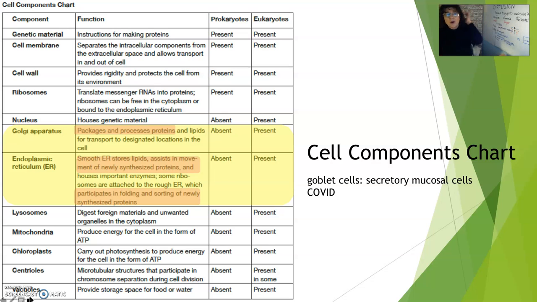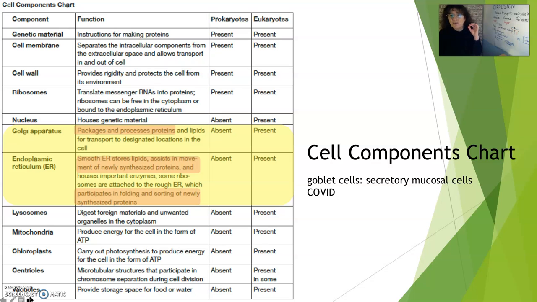Interestingly enough, the Golgi apparatus, I was wondering where Golgi apparatuses are in abundance in what types of cells, and they are actually in abundance in goblet cells, which are cells that produce mucus. And I thought about that, and those are actually some of the cells that are most debilitated by COVID.